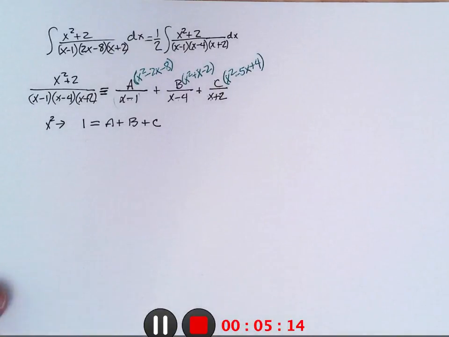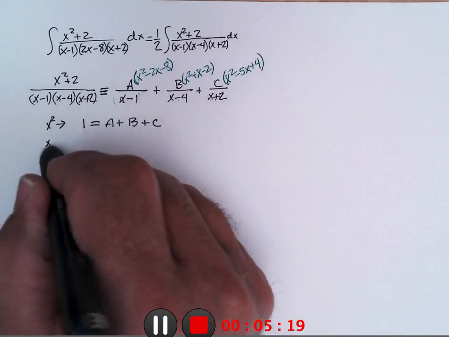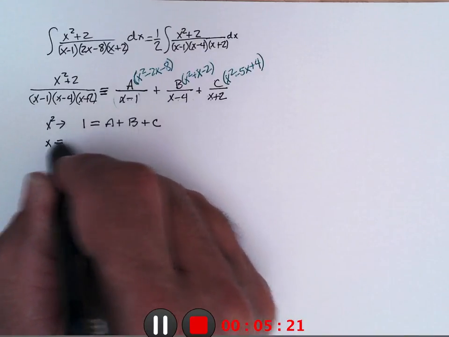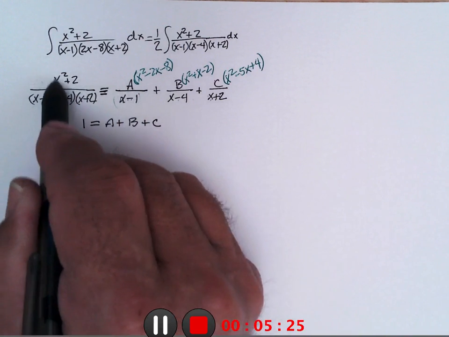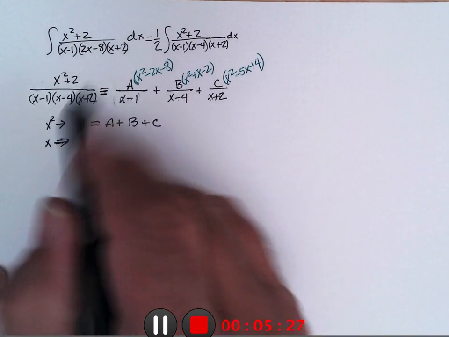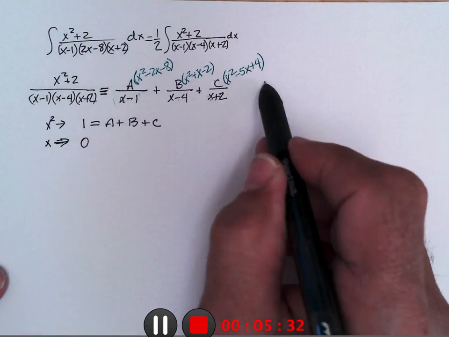And then the x's have to be the same. Now over here I don't have any x terms. I have an x squared term and a constant. I have no x term, so I have to have no x's coming out of here. So all the x's from here have to cancel.